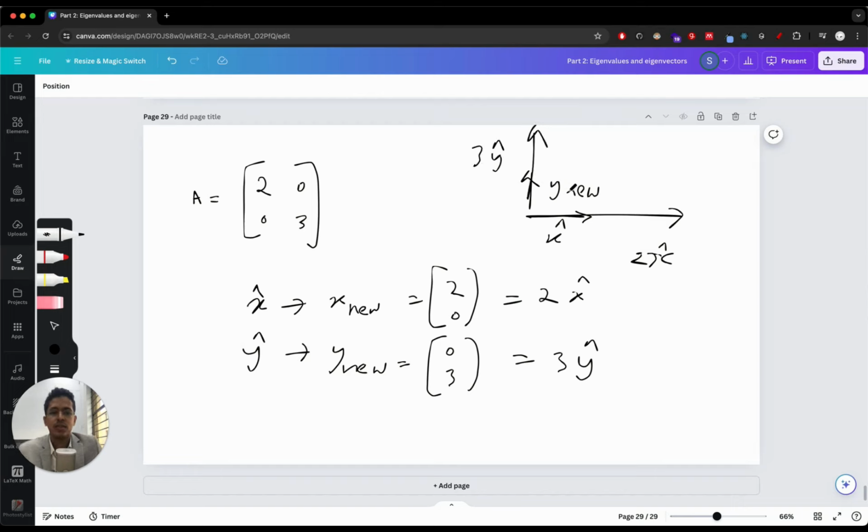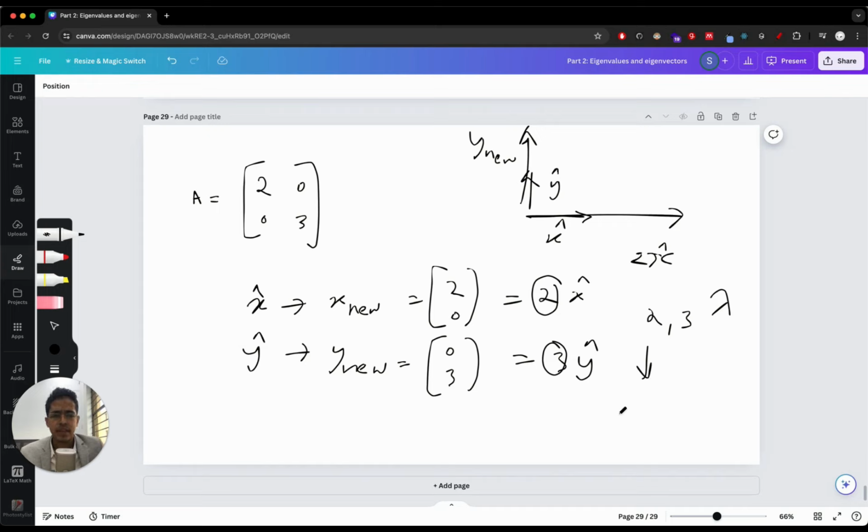So they are aligned again on top of each other. What this means is any vector that is along the x-axis will get scaled by a factor of 2. Any vector along the y-axis will get scaled by a factor of 3. So 2 and 3 are the eigenvalues.